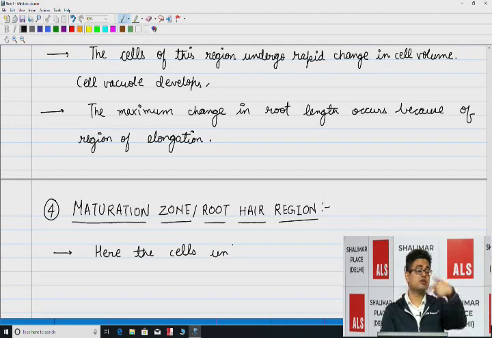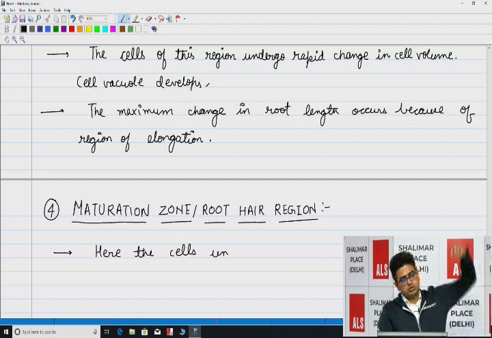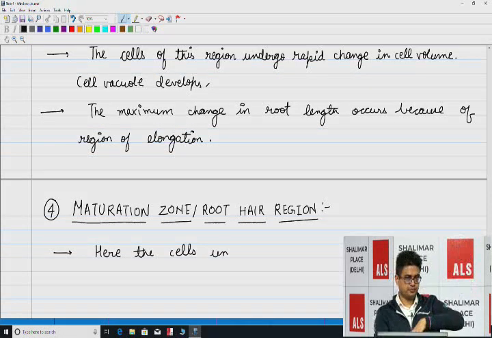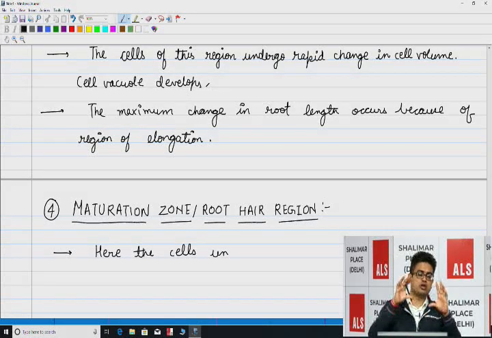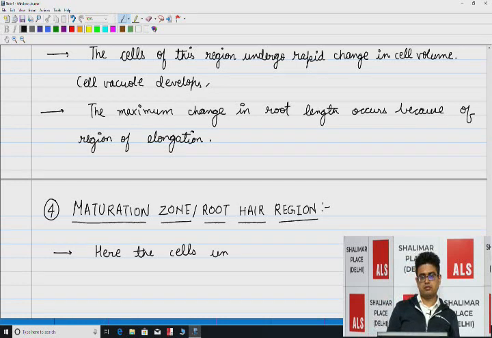The cells which are coming from the zone of elongation will later convert into the maturation zone. So the region of elongation goes downward. It will constantly change its position. The maturation zone continuously increases, right? Because of the zone of elongation.